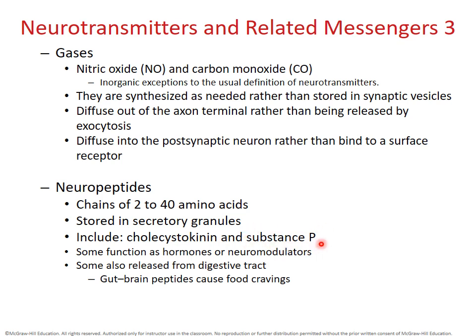Substance P is a neurotransmitter that we find in the spinal cord, and it is seemingly involved in the modulation of pain signals coming in from the body. So substance P is involved in pain suppression, and we use some drugs to influence substance P and therefore help reduce pain. Again, some of these function as hormones as well, and I mentioned cholecystokinin, which is associated with the digestive system.